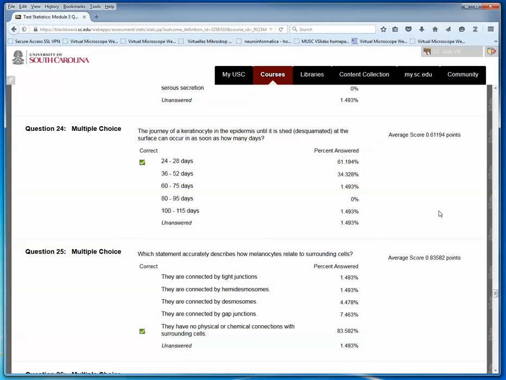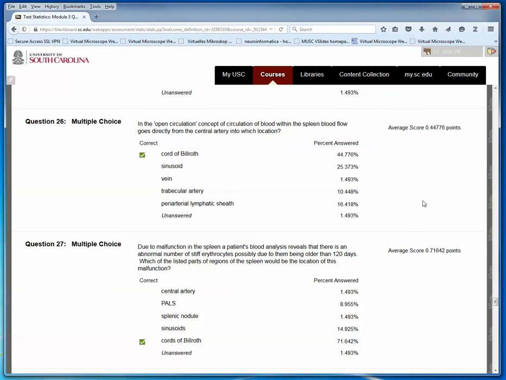And I think it asks as soon as how many days, so our intention was for you to pick the shortest period of days, not the longest. And 61% of the class chose 24 to 28 days, which we designated as the correct answer.